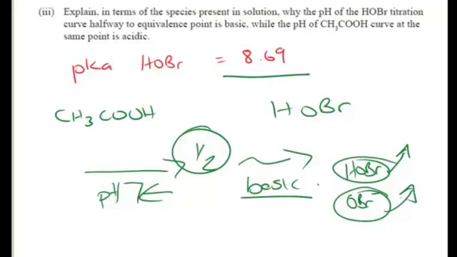Whereas if we look at CH3COOH, ethanoic acid, versus its conjugate CH3COO minus, if we get this being acidic at this point, that means it must be a stronger acid and a weaker base.